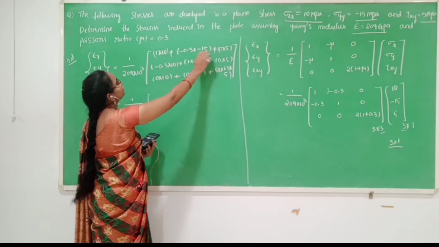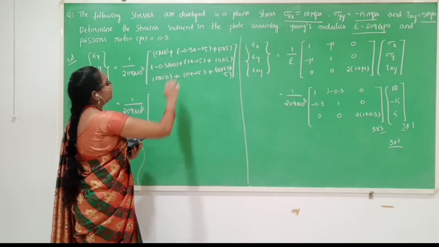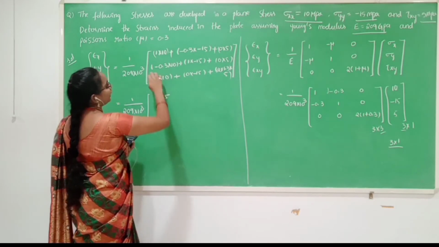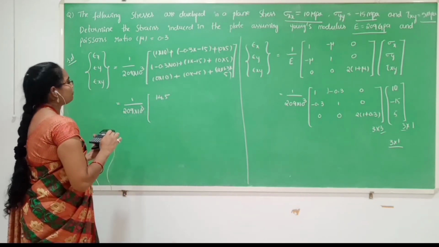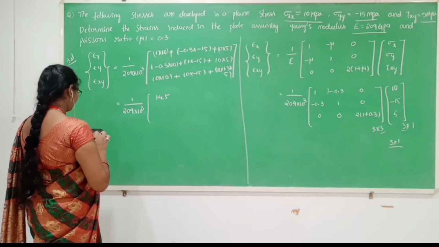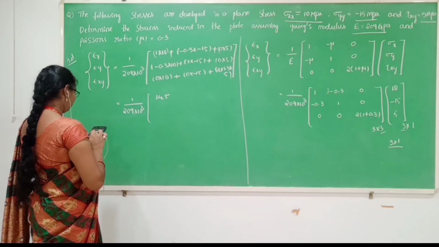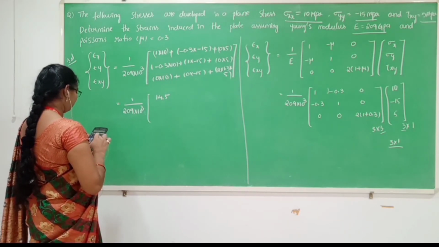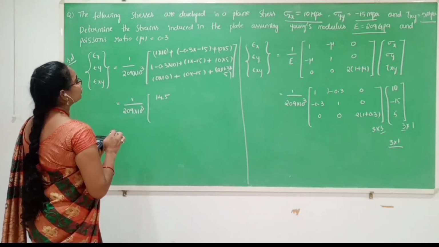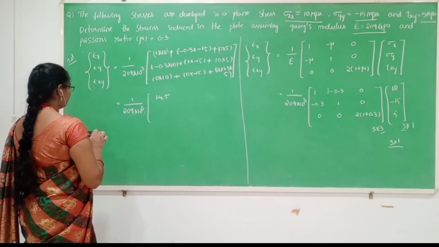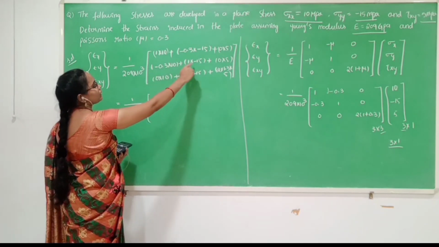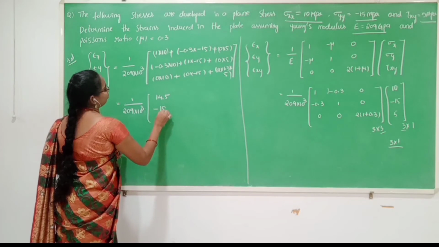Now the matrix can be simplified. The first one is 10 plus 15 into 0.3, that is 14.5. The second one is minus 0.3 into 10 plus minus 15, which is minus 3 minus 15, that is minus 18.